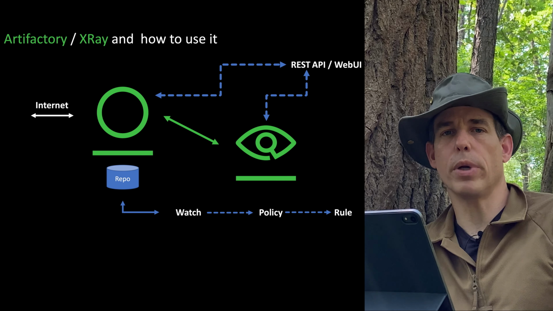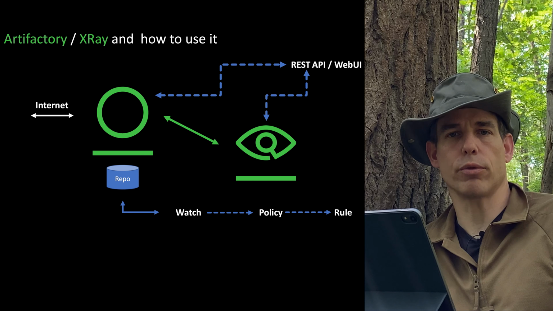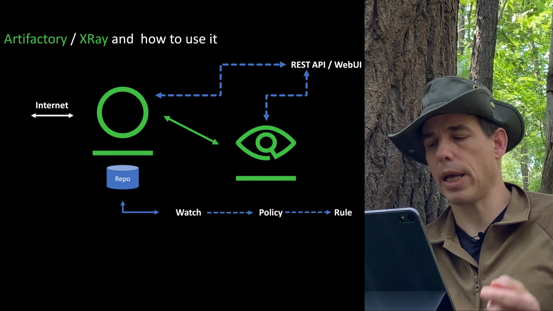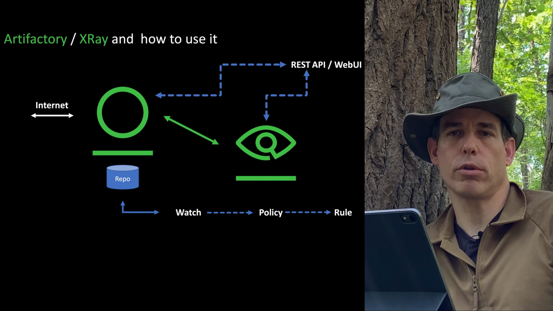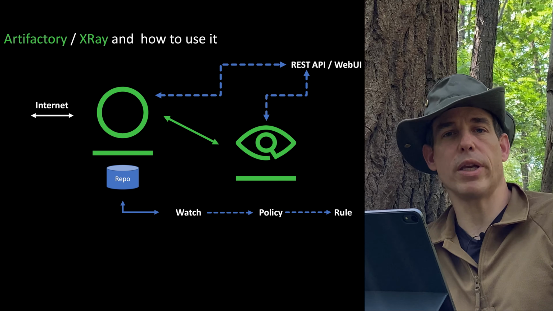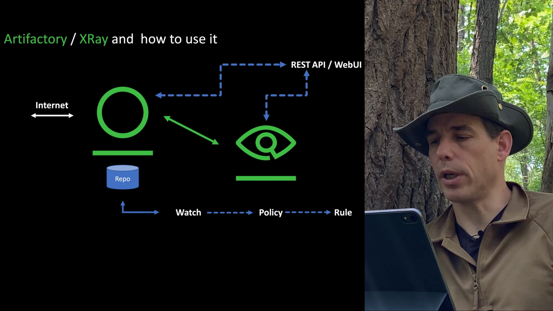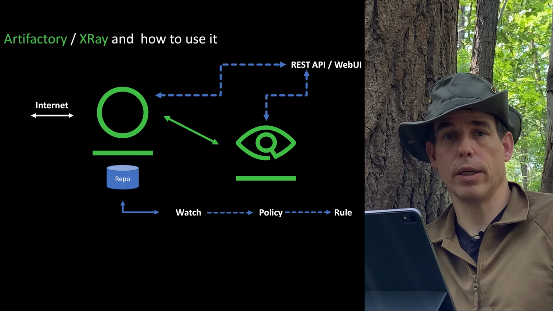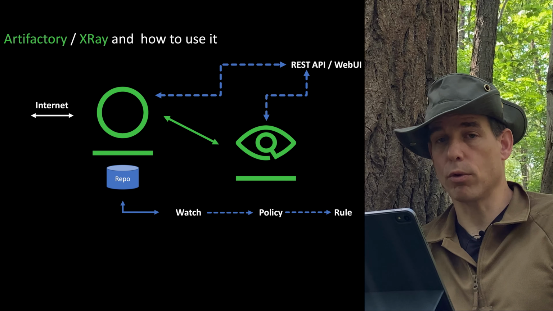These rules are combined to policies, and these policies are connected via watches to the repositories you want to scan. So you can have the same policy and rule not only for Debian repositories, but you can use the same rule and the same policy, for example, for Maven repositories as well. This makes it very convenient to implement company compliance and security rules.